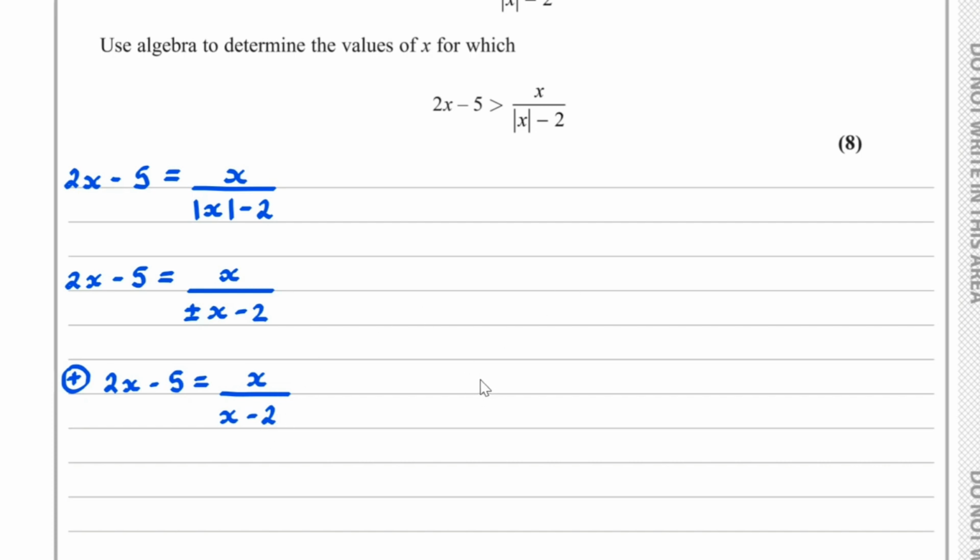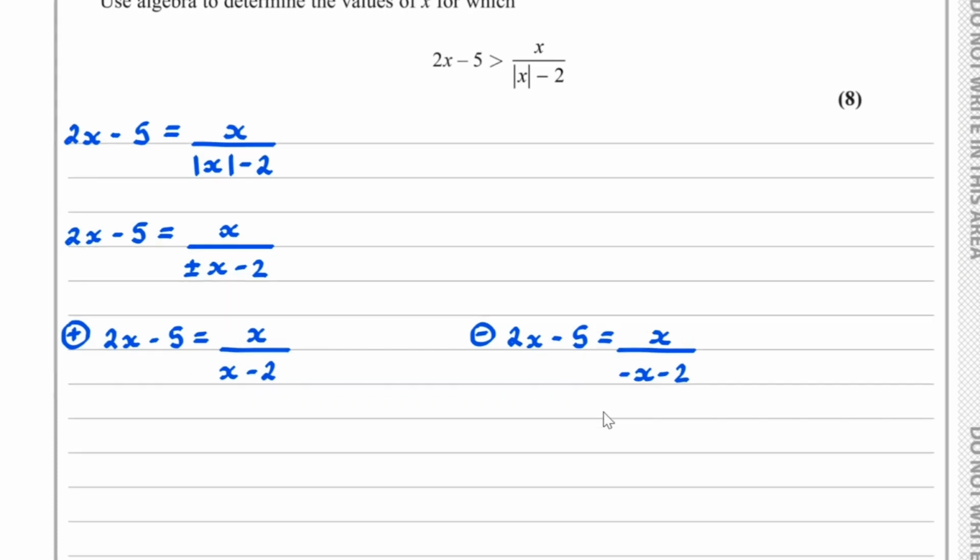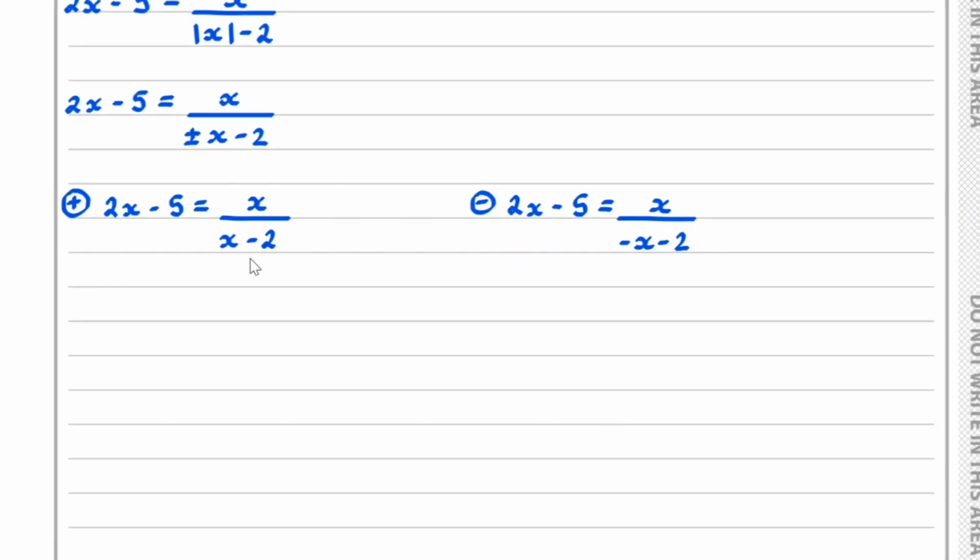And if we were to deal with the negative, we have 2x minus 5 equals x over minus x minus 2. So let's simplify the equation here and attempt to solve.